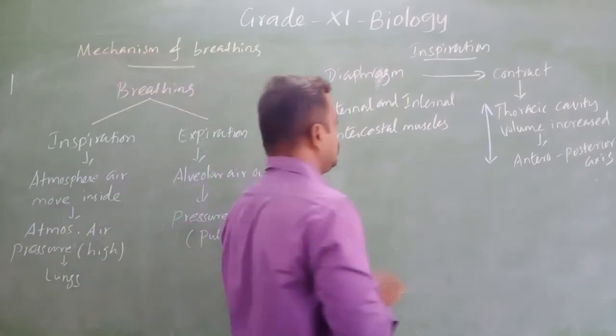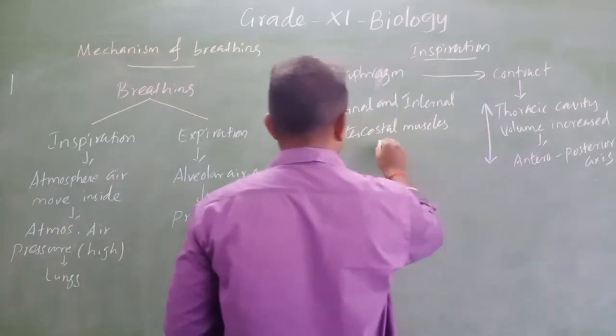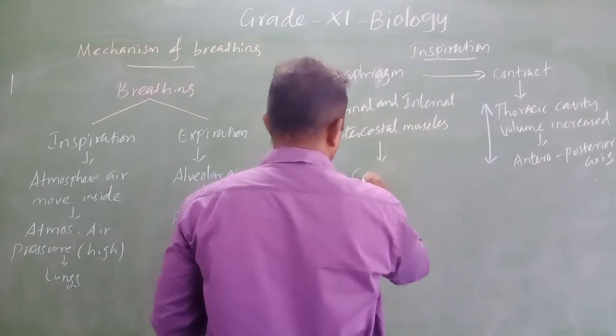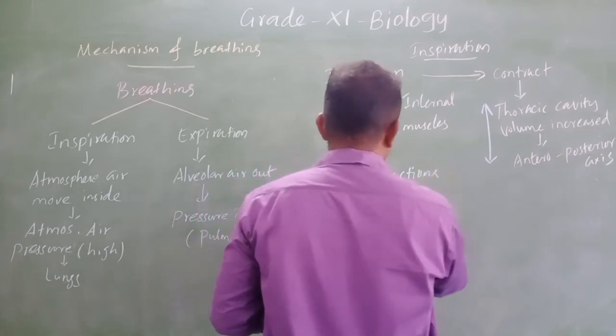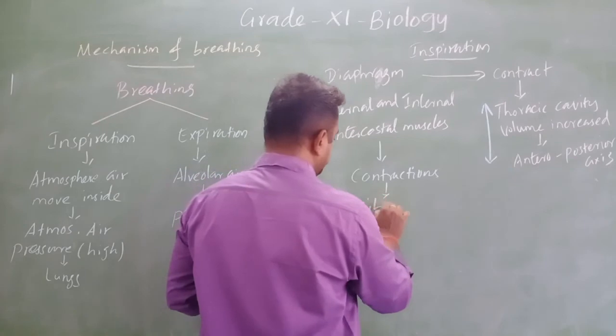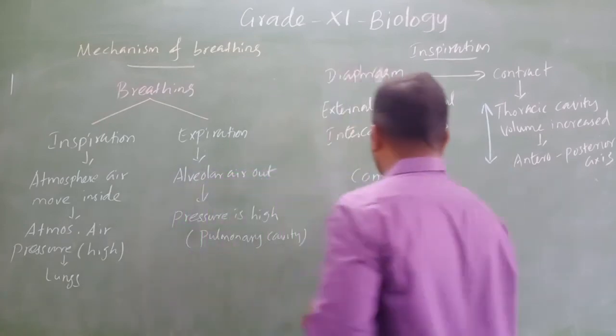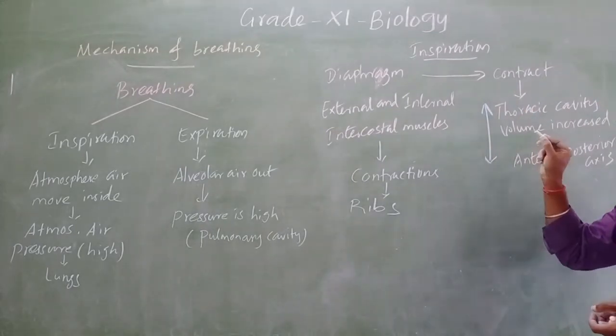The next one, intercostal muscle contraction happens. Where are the intercostal muscles present? In between the ribs, the intercostal muscles are present.